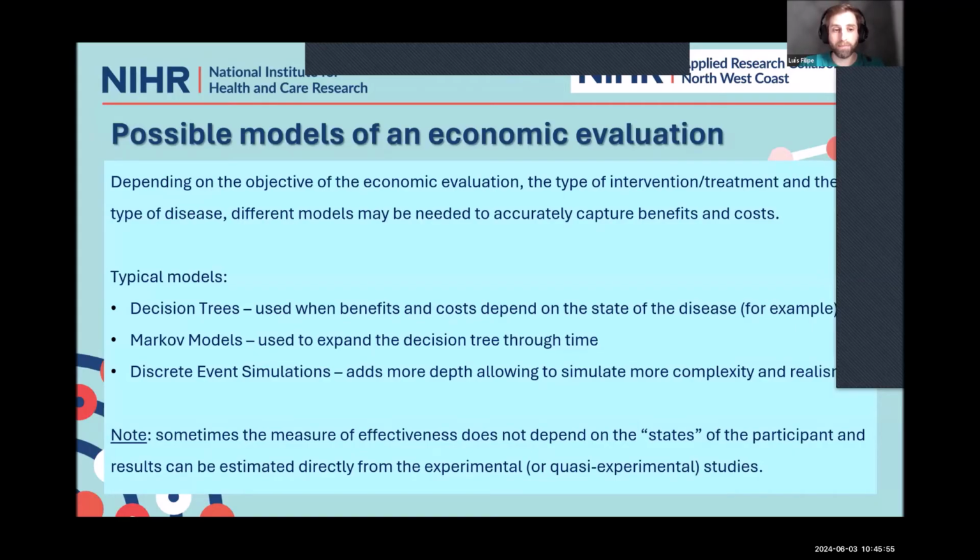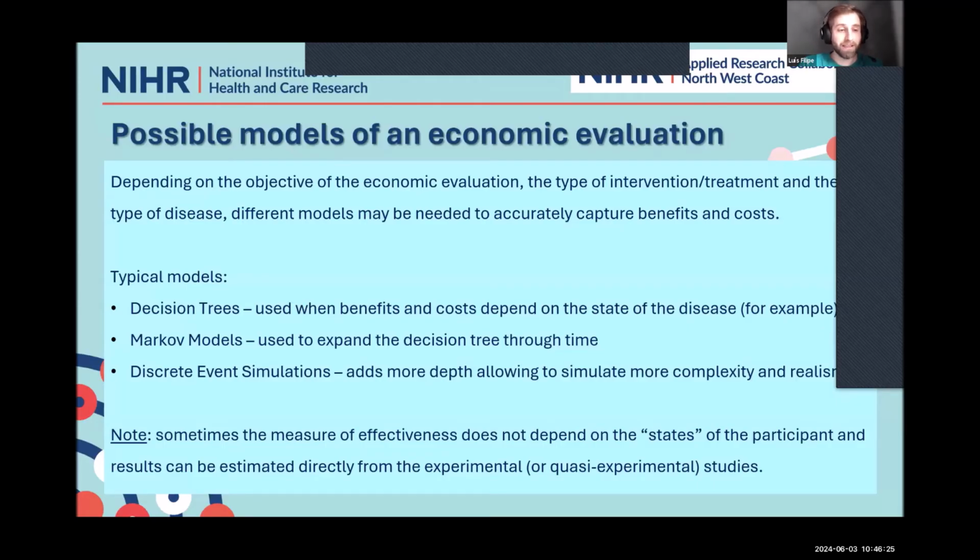Now, when you have those complex diseases with several different states, but you do not want to do it within trial, you want to do something that you extrapolate through time. You want to, for instance, evaluate it through the lifetime of an individual, let's say for the next 20 years, then you will need to use another model, which is a Markov model, which is basically a decision tree that you extrapolate throughout the years.